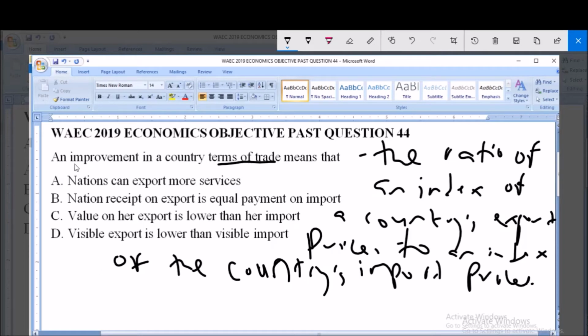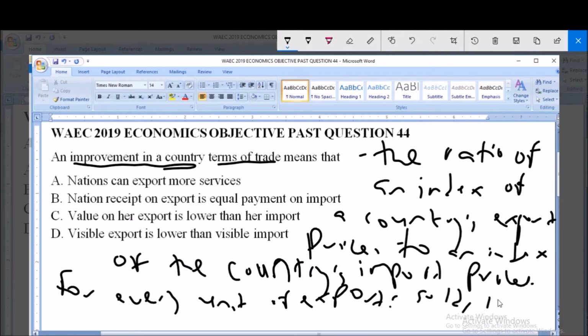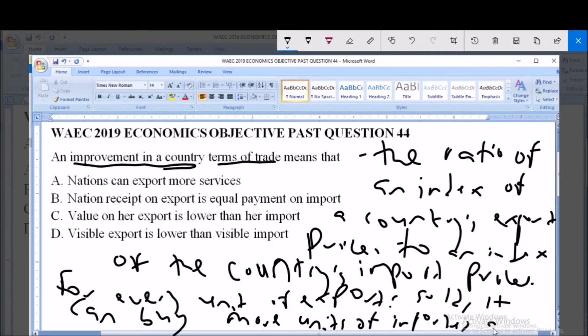Now, for improvements, when the terms of trade in a country improves, it means that for every unit of exports sold, that country can buy more units of imported goods.